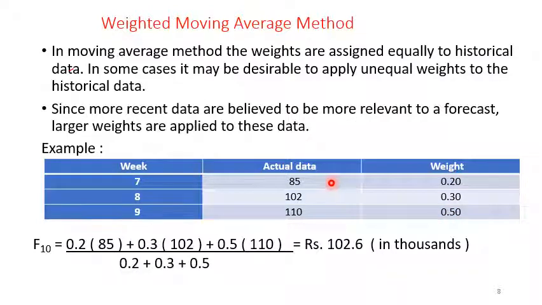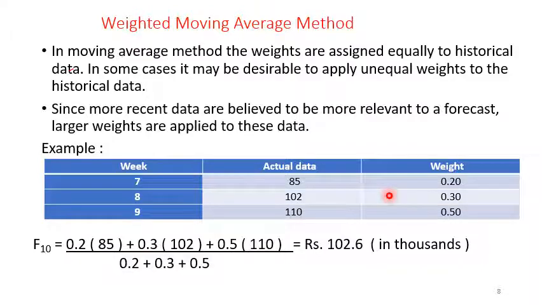So 85 into 1 plus 102 into 1 plus 110 into 1, divided by 1 plus 1 plus 1, is nothing but the average of these 3. Now, with specific weights assigned, the most recent values are given the highest weightage. So that is the difference between weighted moving average and normal moving average.